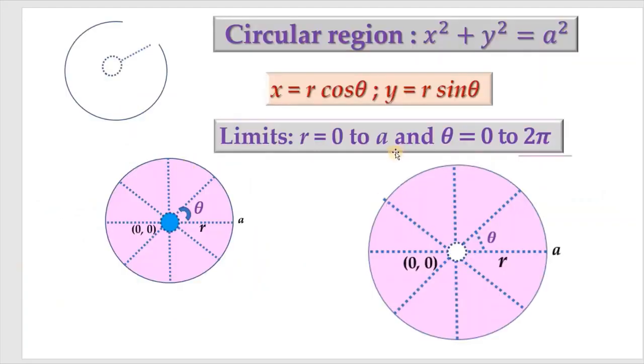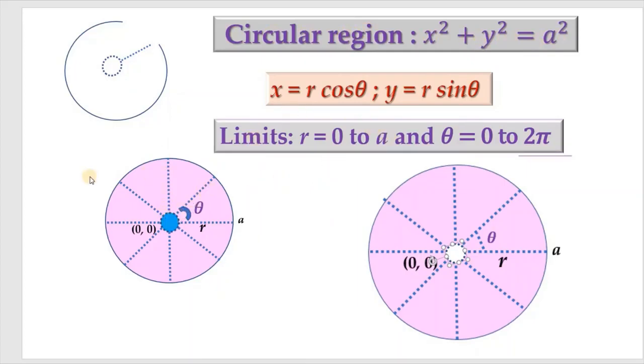Now, in the case of a circle, as I said earlier, we have the same region, x square plus y square is equal to a square, but we want to cover it in terms of r and theta.